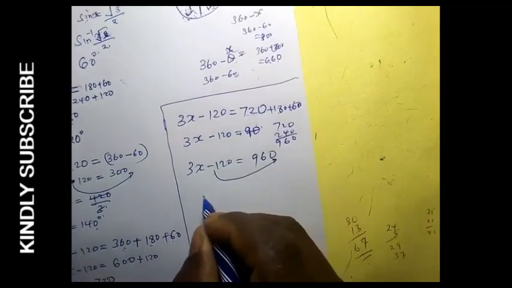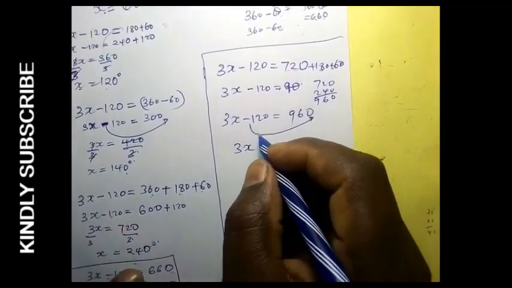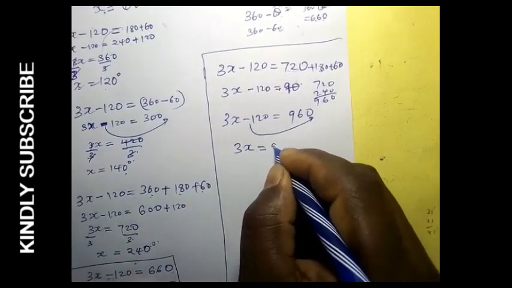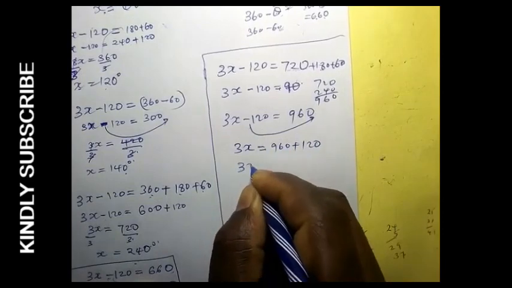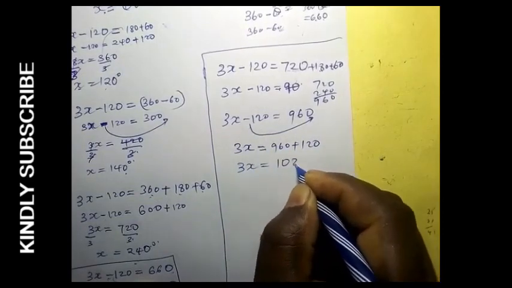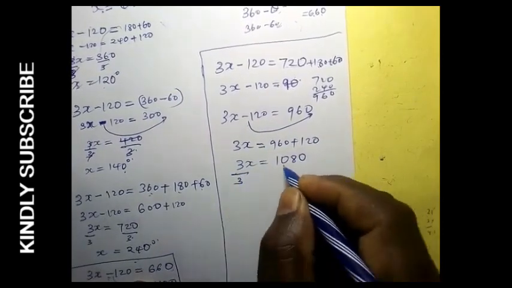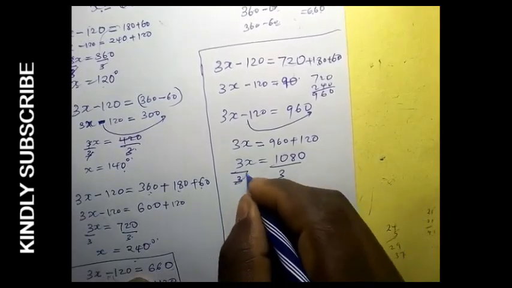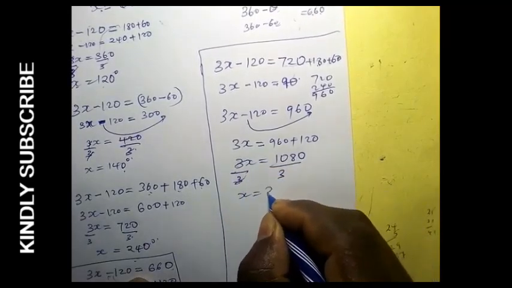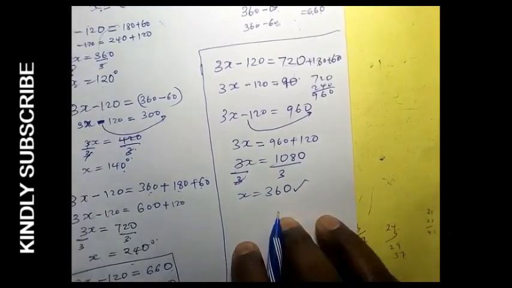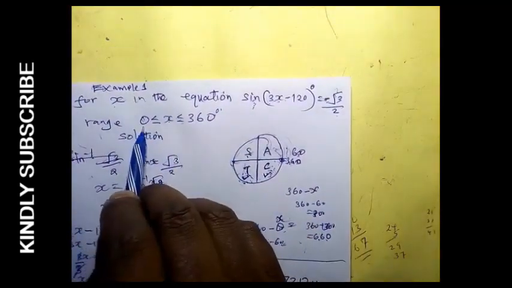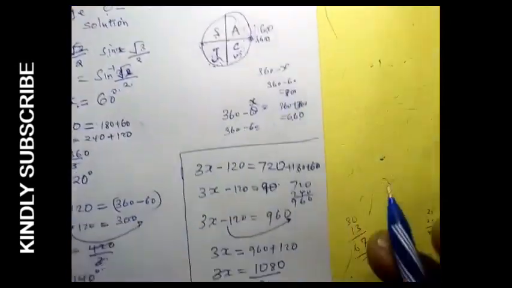Like terms together, 3x equals 960 plus 120. 3x equals 1080. Divided by 3, so x here will be 360. Since we have obtained 360 and our range was 0 to 360, we won't continue. We stop there.